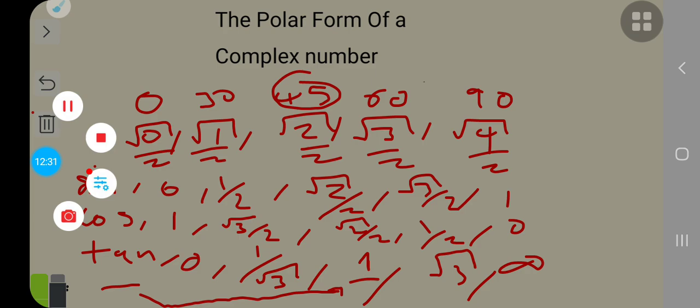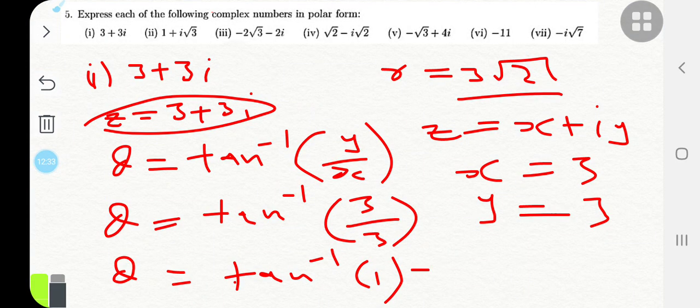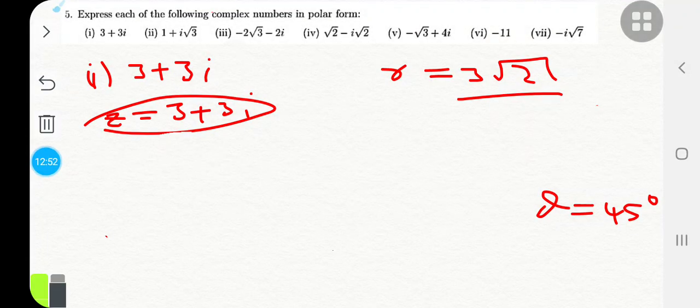So our angle here is equal to 45 degrees. But before you accept this argument, you have to test it on the Cartesian plane, to see if actually this is the actual angle.